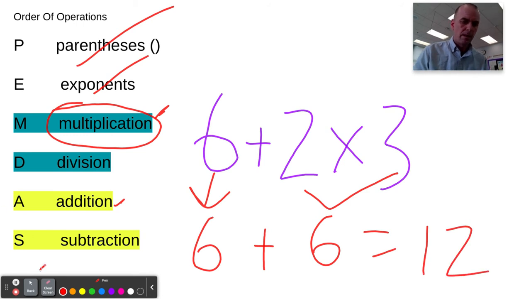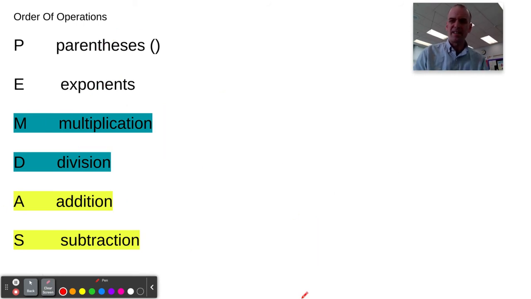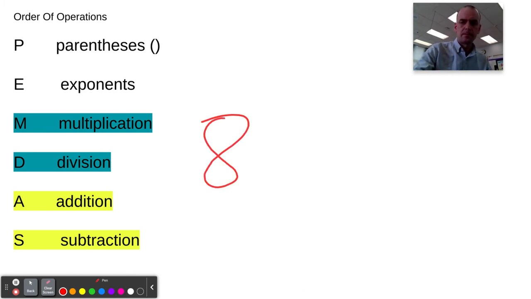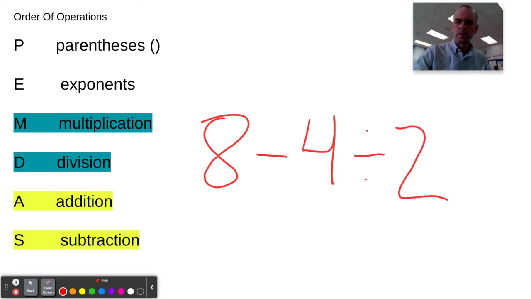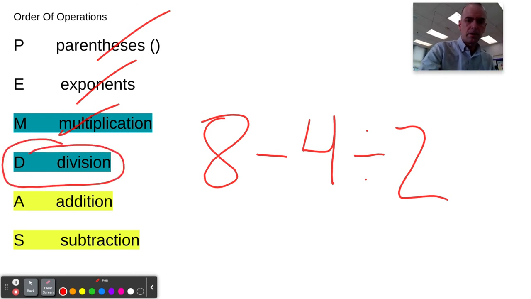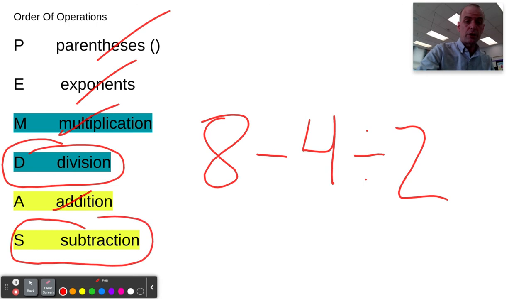Okay. I'm just going to do a bunch of these because it takes a while to figure it out. So on this one, there's no parentheses, no exponents, no multiplication, but there is division, there's no addition, and there is subtraction.